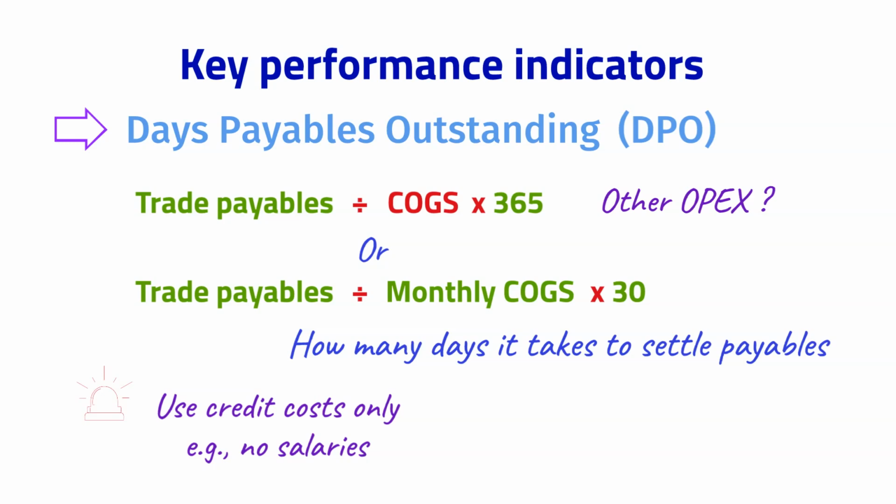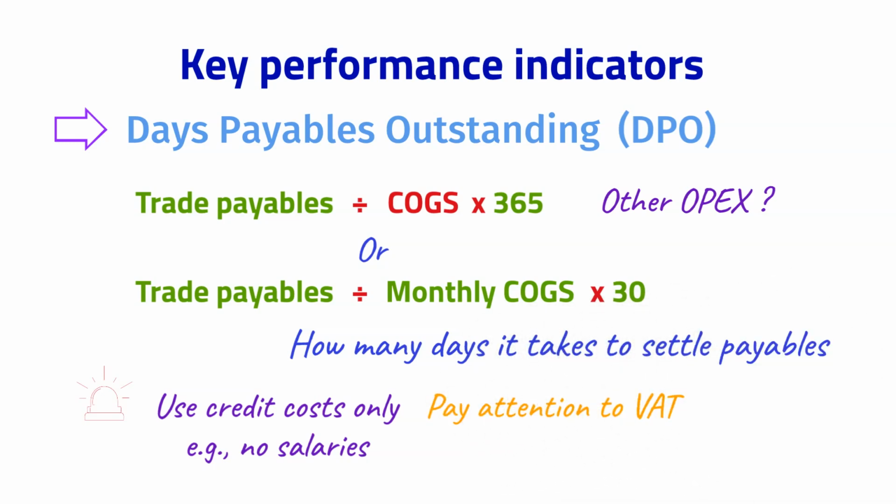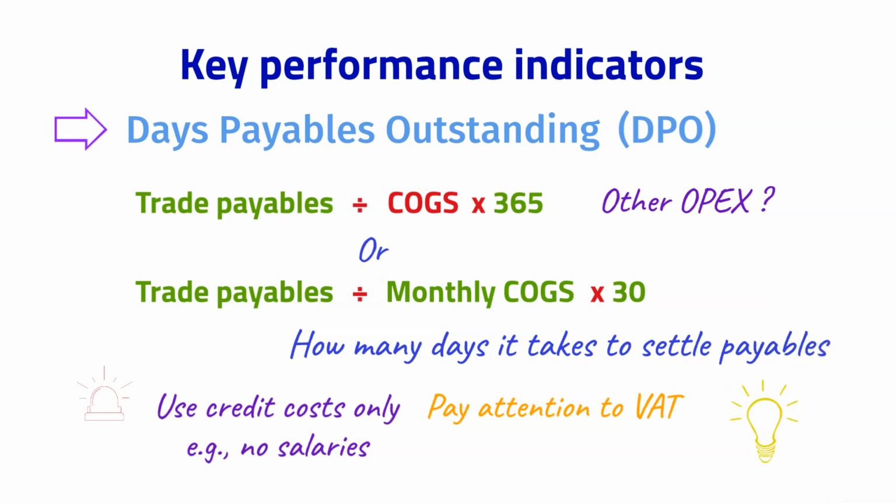For example, IT costs, marketing expenses, travel costs, etc. And another note, as trade payables are with VAT and costs are without VAT, ideally you would remove VAT from payables or add back VAT to costs. Ideally. But shortcuts are acceptable, as long as it is consistent and VAT doesn't distort numbers a lot.